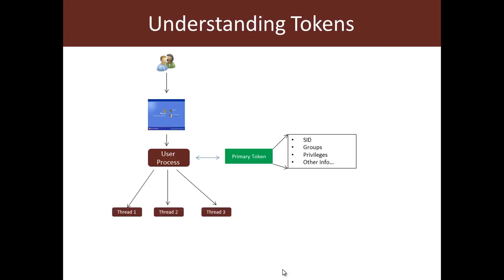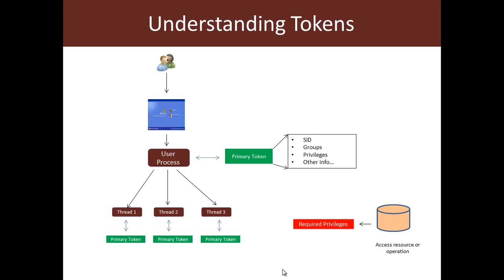Now, interestingly, when this same user process creates multiple threads, each of these threads is also given the same primary token associated with the user. So where is this primary token exactly used? Think of the primary token as an authorization evidence. Whenever one of the user processes or its threads wants to access a resource or operation which requires certain privileges, the primary token is compared to the privileges requested.